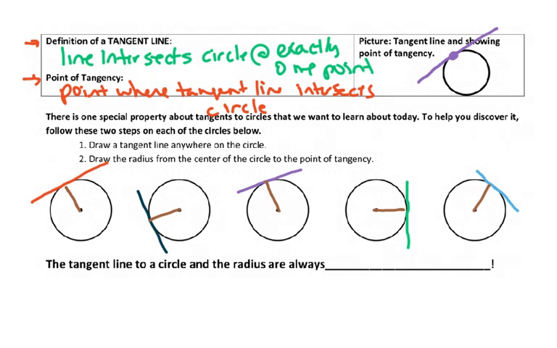Okay, hopefully you noticed it. The tangent line to a circle and the radius are always perpendicular. That means they're 90 degrees, obviously, and that's going to help us find different parts that we're going to be looking for, because the perpendicular part is something that's going to be very helpful.